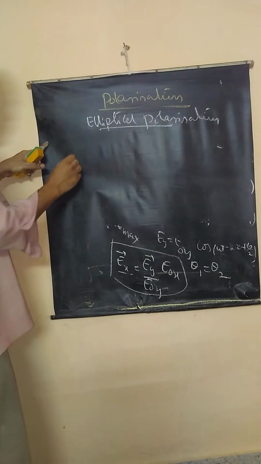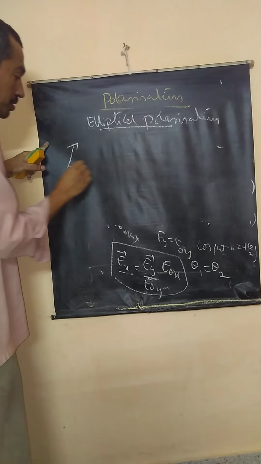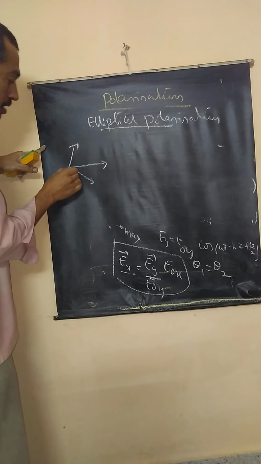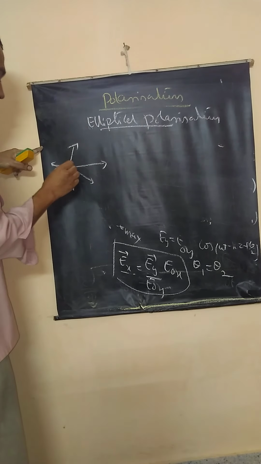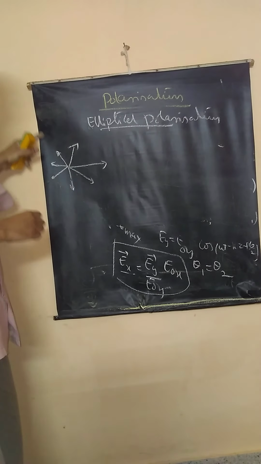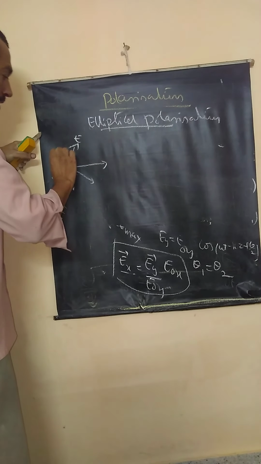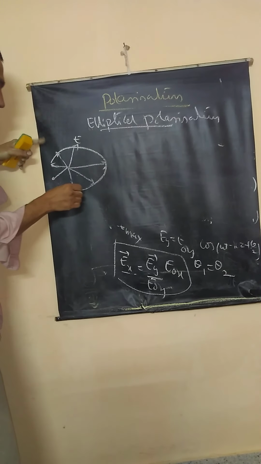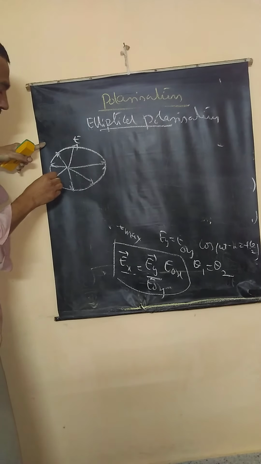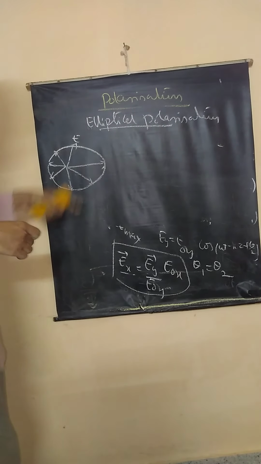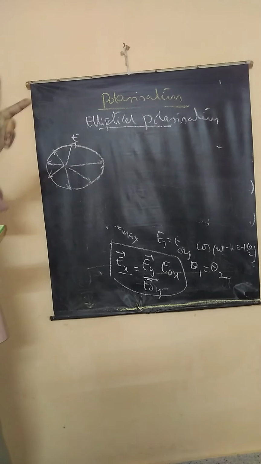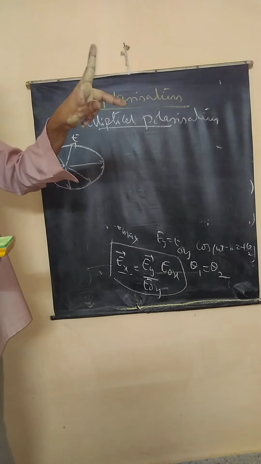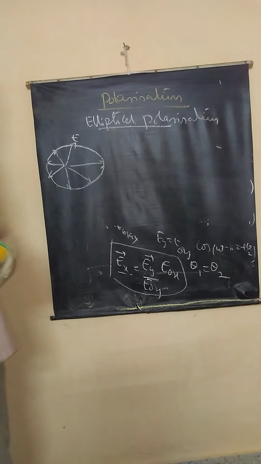Here, the electric field vector describes an ellipse as the wave propagates. So you get an ellipse like this here. You see this ellipse? The magnitude of the electric field is changing, the direction is changing. As the wave moves, the electric field vector describes an ellipse.